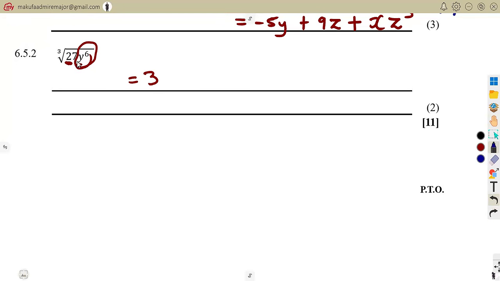How do you remove that cube root? You divide by the number inside the root sign, which is the 3. So that is going to give us what? 6 divided by 3, which is a 2. So that was going to be 3y squared. So that is how you can simplify these typical questions.